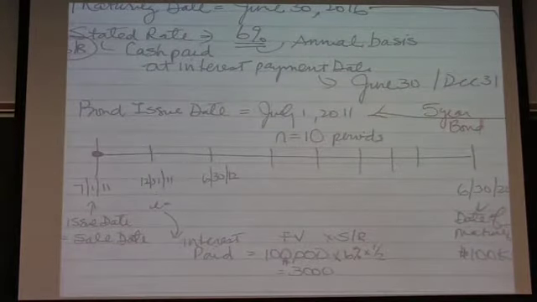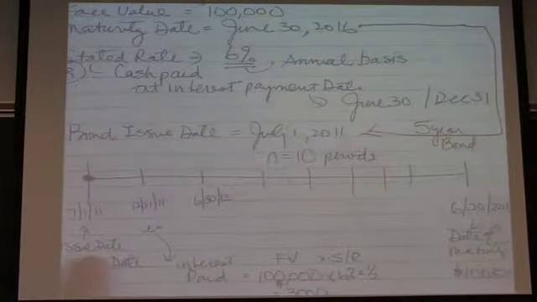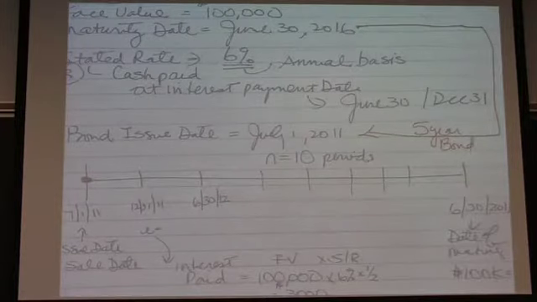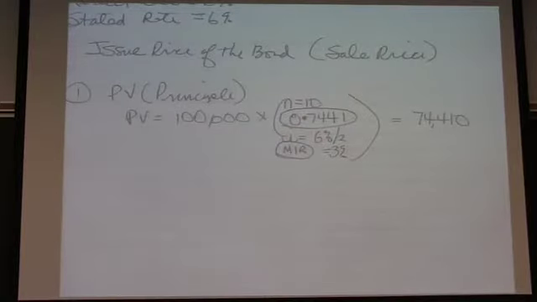So in other words, if I put $74,410 in now, because it earns interest at 6%, it's going to grow to $100,000. So I would be indifferent whether I get $74,410 today or get $100,000 5 years from now, or 10 periods because of the compounding, because interest is earned.